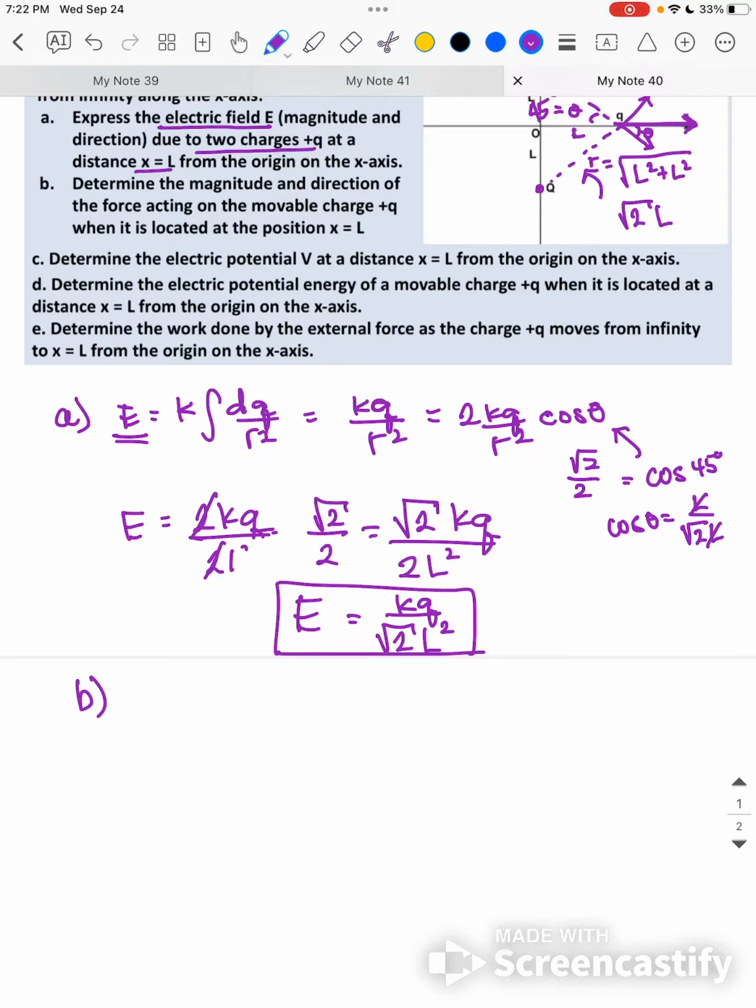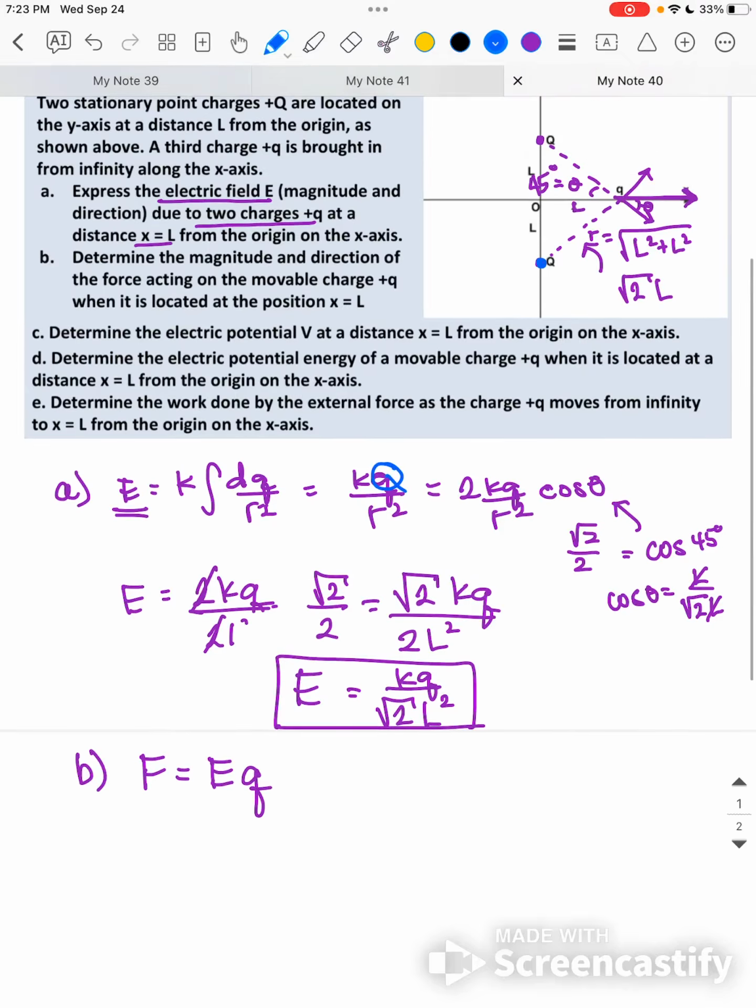For part B, this one should be a pretty easy equation, and this is something that I want you to be able to think of very quickly. Force is electric field with 2 q's instead of 1 q. So if I take the electric field and multiply it by a test charge little q, then I would get, and I messed up my q's here, I'm going to use blue. When I substitute q in, it should have been a capital Q, because both of these are capital Q's.